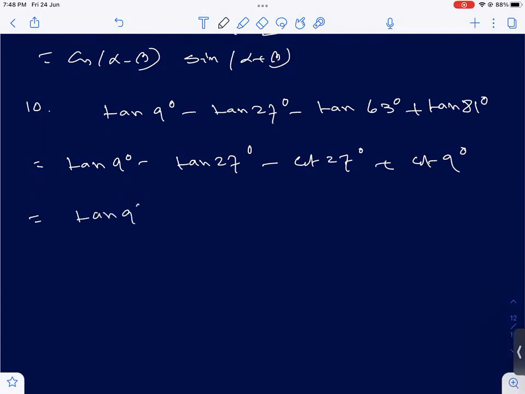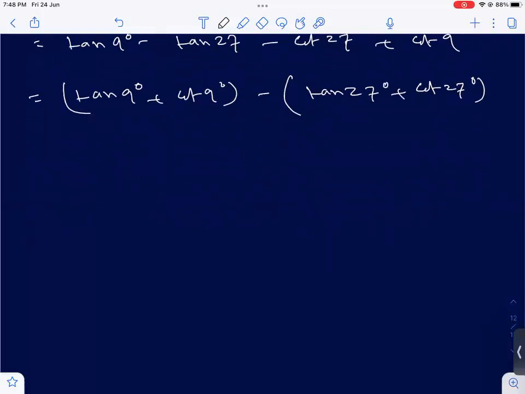So tan 9 degree plus cot 9 degree minus (tan 27 degree plus cot 27 degree). This type of sum is very important for the school examination. Tan theta is sin theta by cos theta.